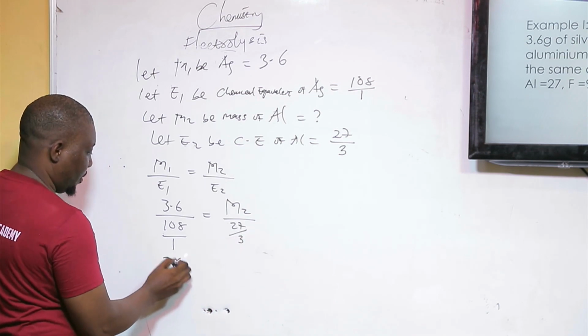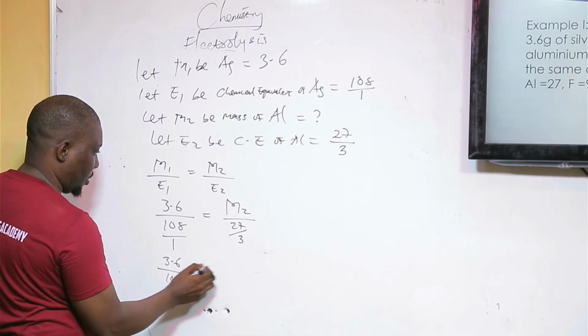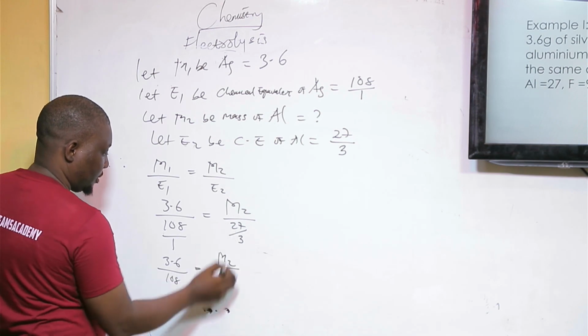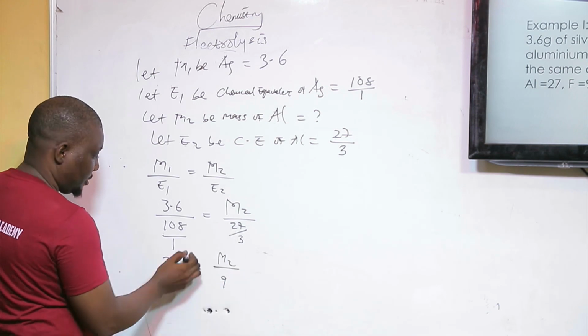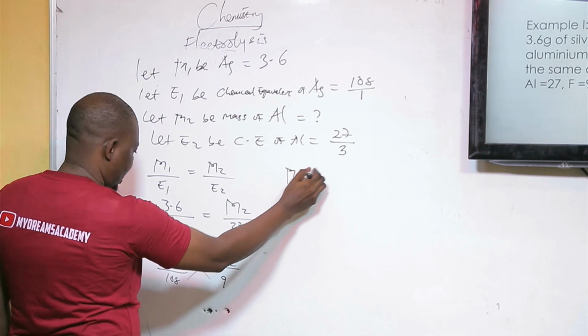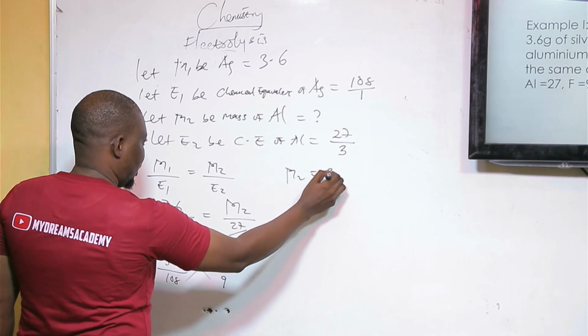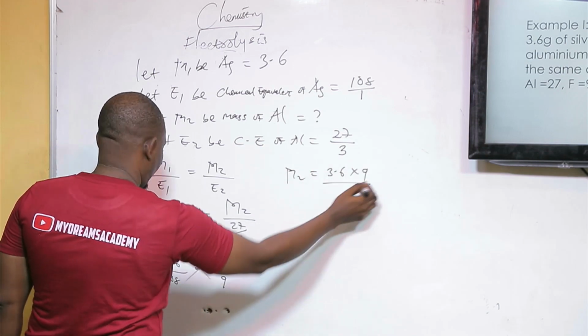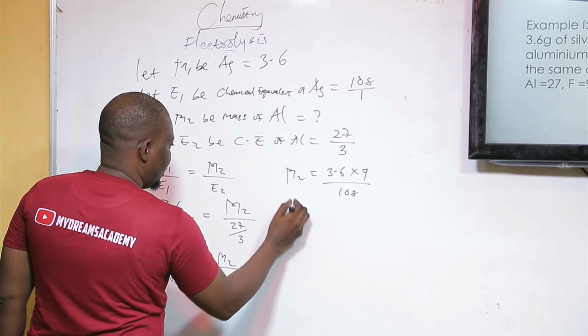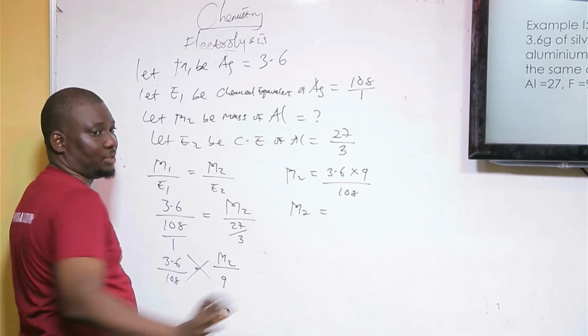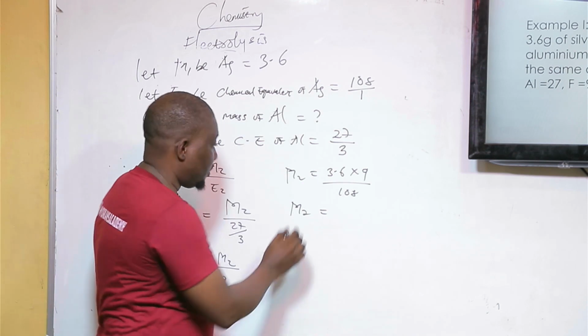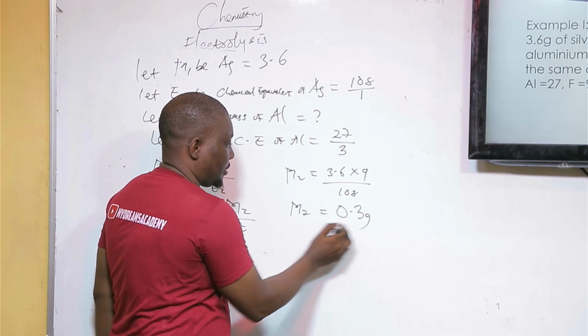So we have 3.6 over 108 equals M2 over 9, isn't it? So we now have that M2 is 3.6 times 9 over 108. What is my answer now? This one is just straightforward. It is 0.3. 0.3 what? Gram.